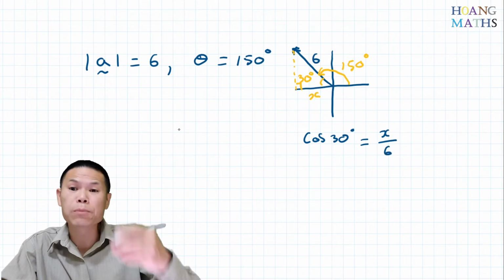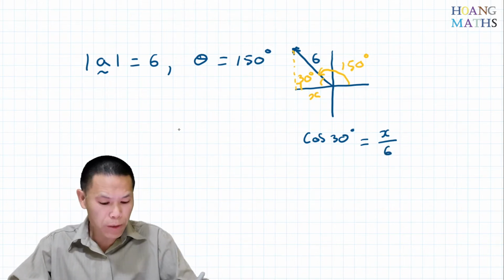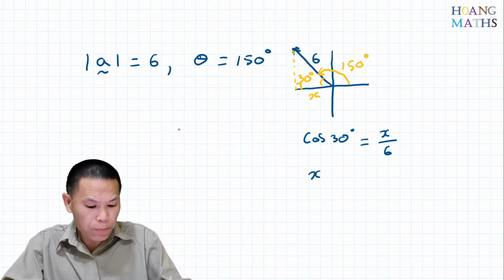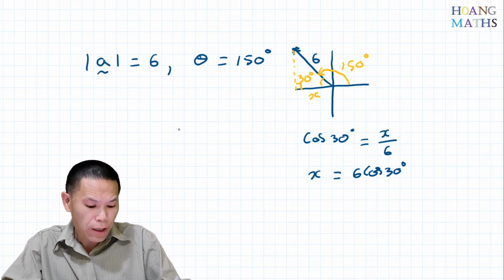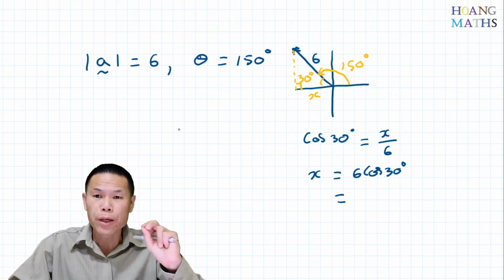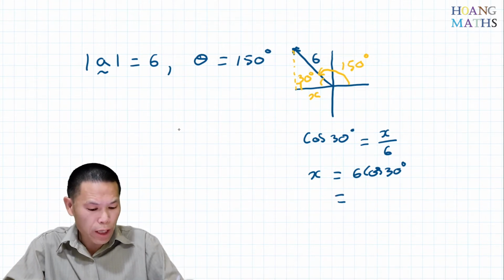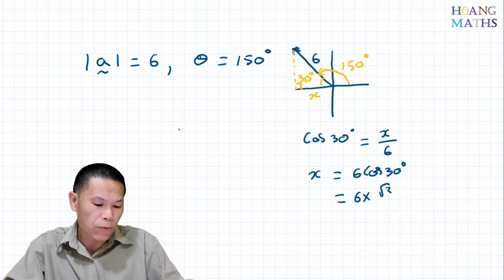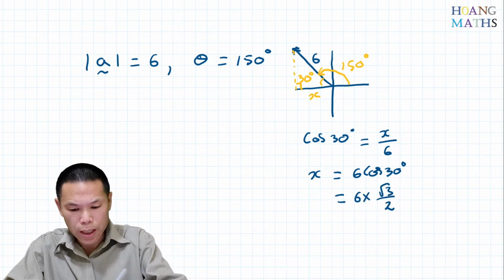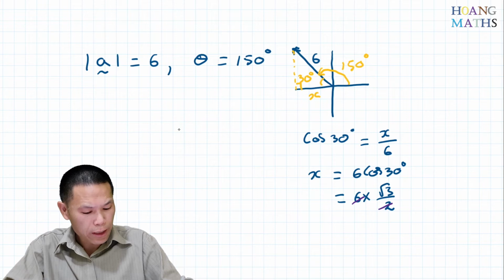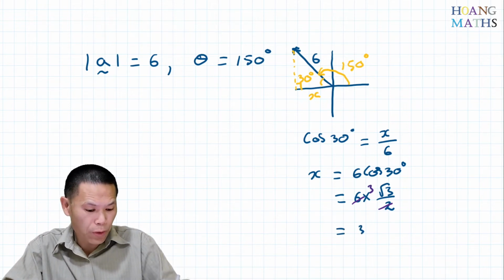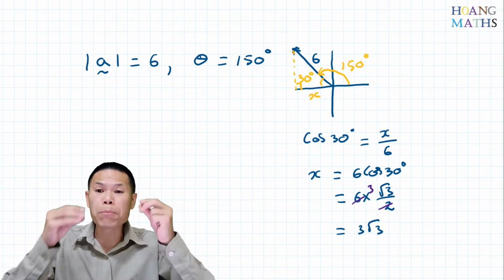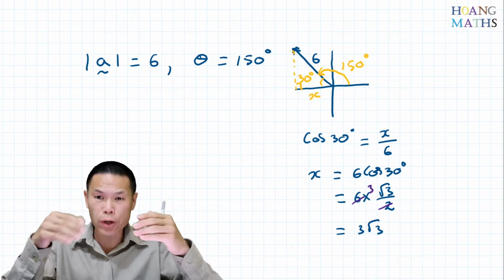Times 6 both sides, that will give me x is equal to 6 cos 30. Cos 30 is root 3 over 2, so that means 6 times square root of 3 over 2. Then I just cancel this, which gives me 3 square root of 3. But because we're in the second quadrant, x is negative.